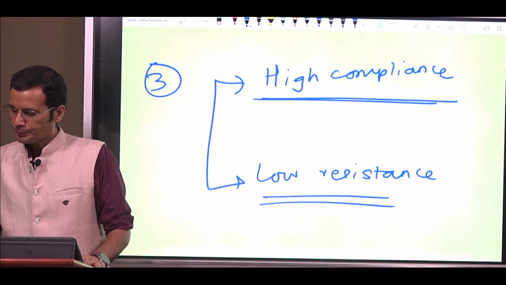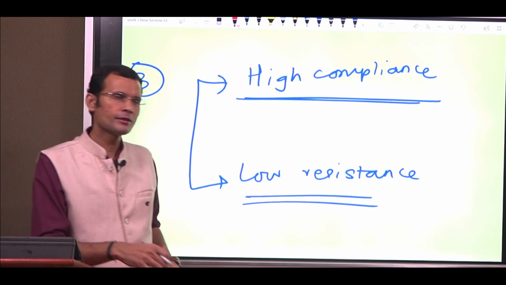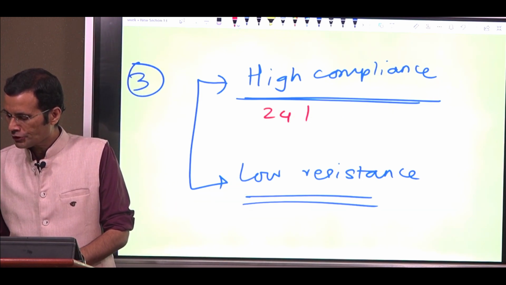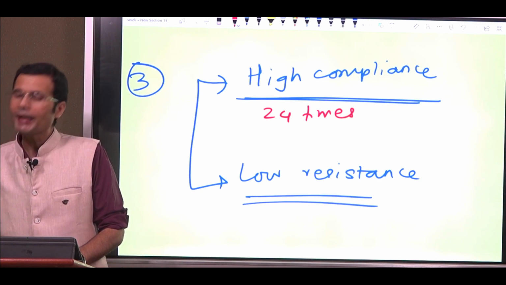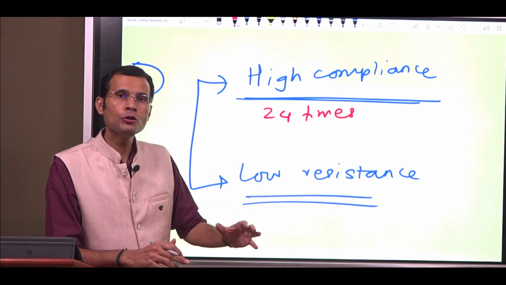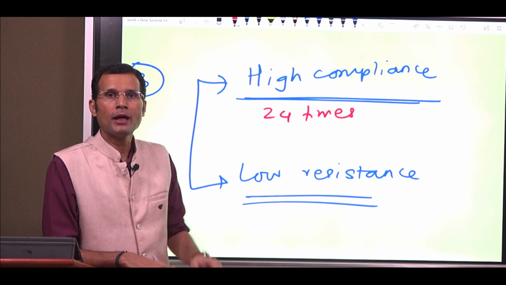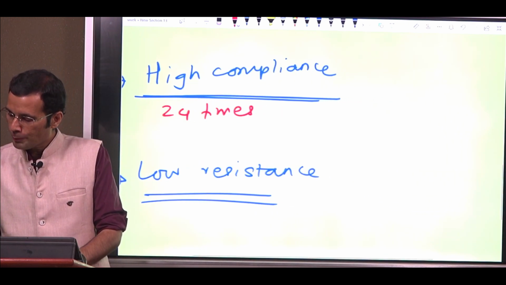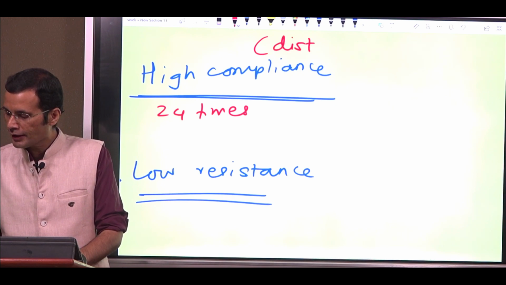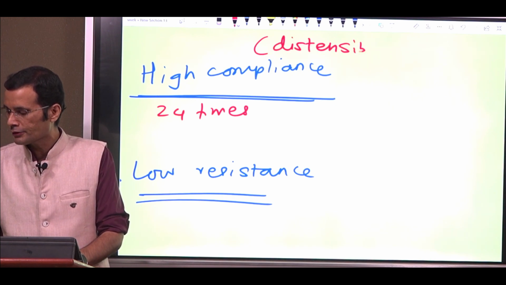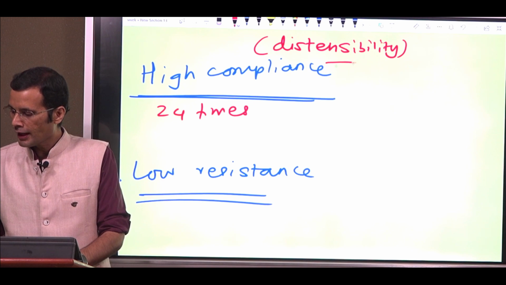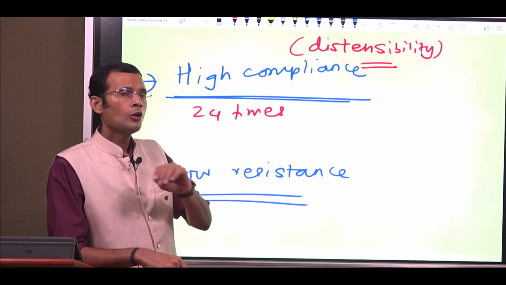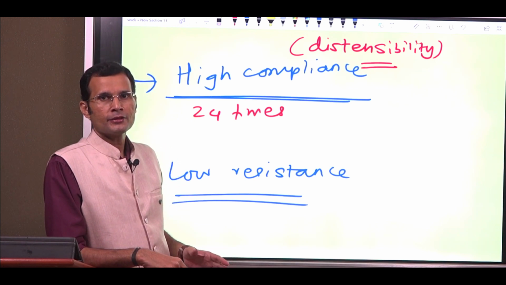High compliance. You know, pulmonary vessels are said to be 24 times more compliant as compared to their systemic counterparts. They are highly distensible. When we say high compliance, we are referring to the distensibility of those vessels. Why do we need this compliance?